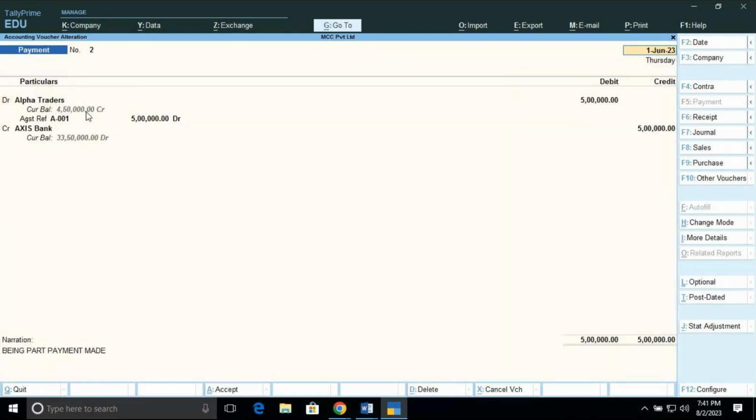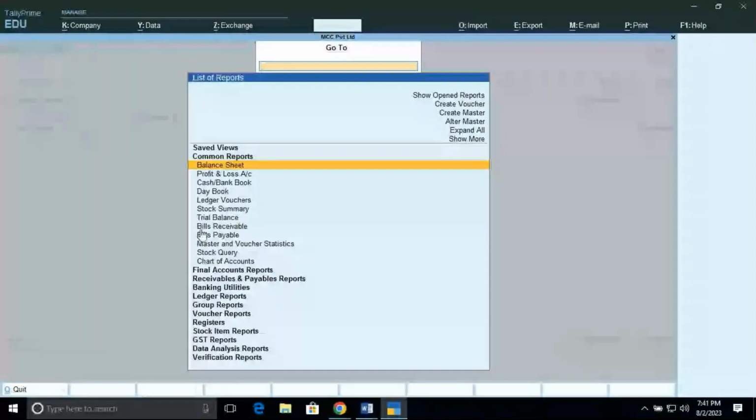If you see, still 4 lakh 50 is pending. Understood, all of you? Now you go and check your ledger, your report. It will show 4,50,000 pending. Same thing, as Chinmay said, you'll see in the payable report.